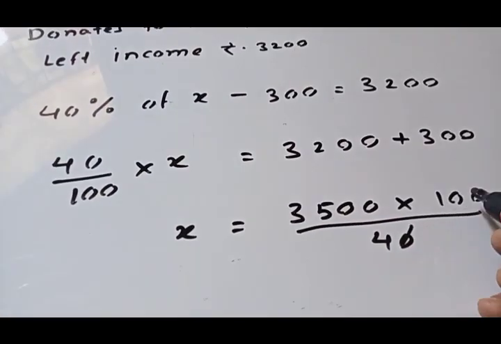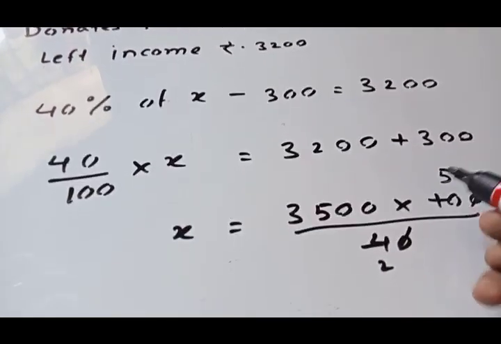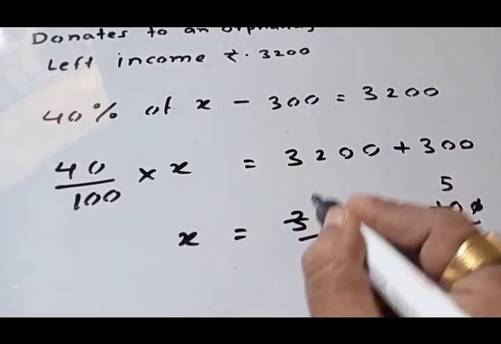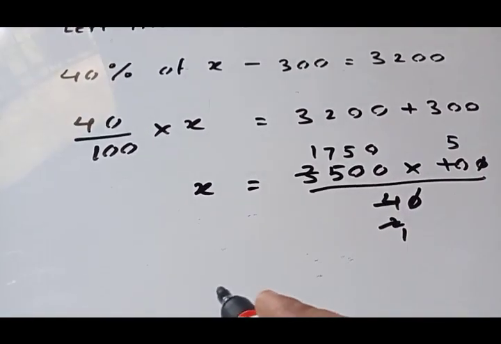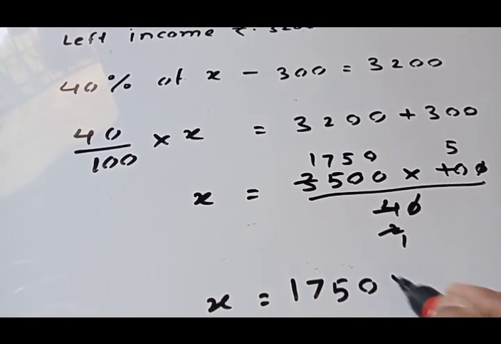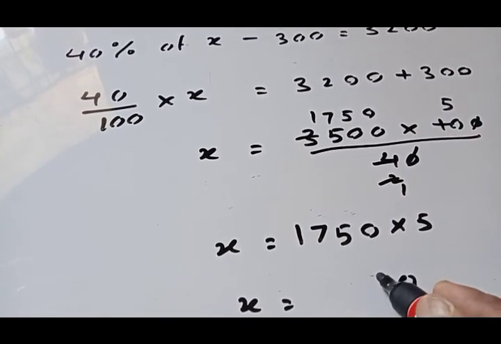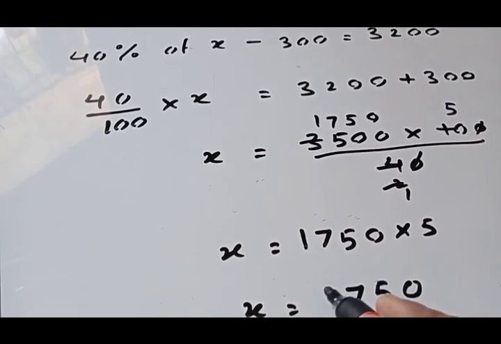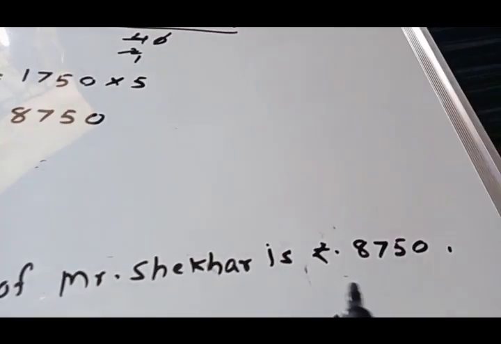Simplifying, X is equal to 1,750 into 5. So the income of Mr. Shekhar is rupees 8,750.